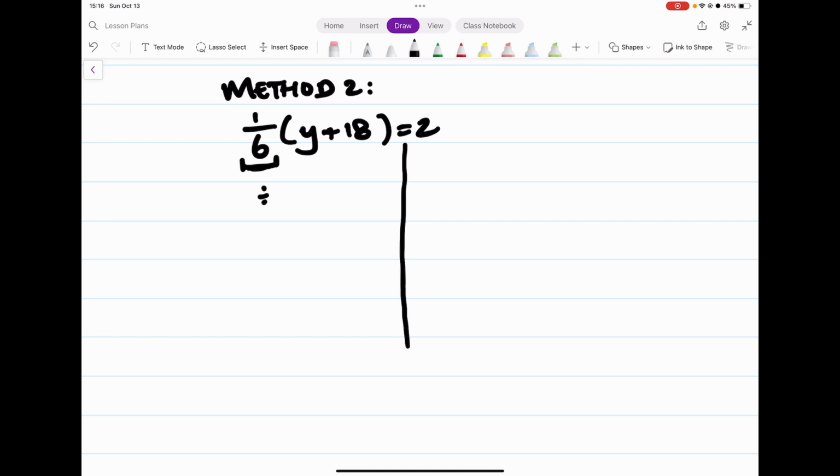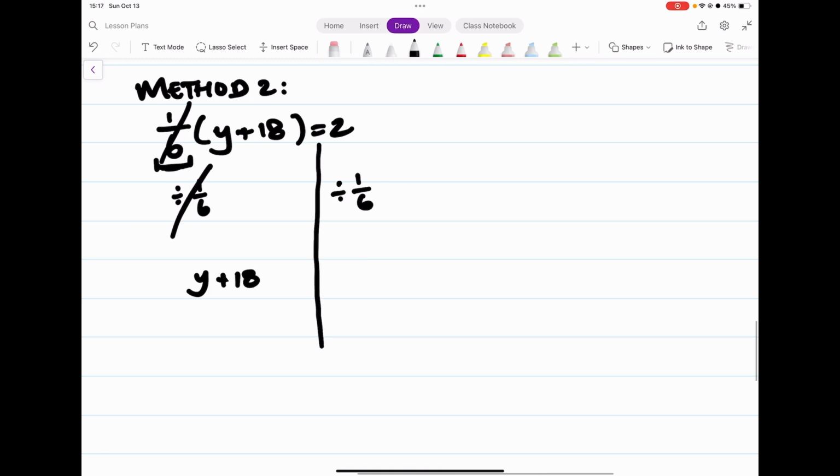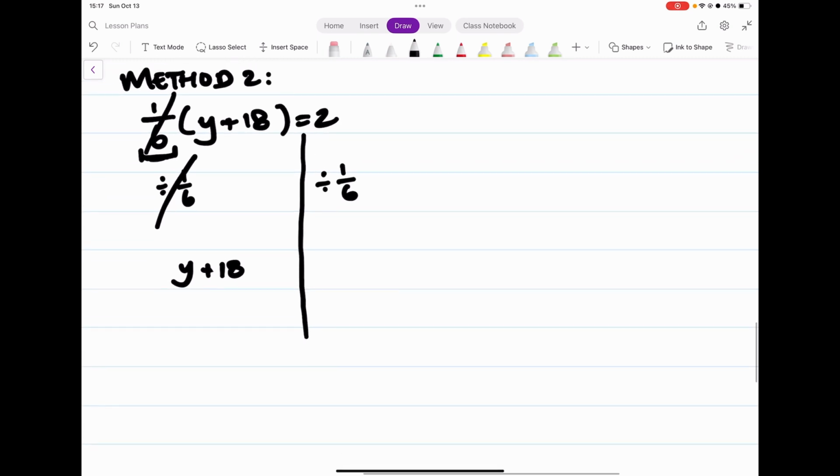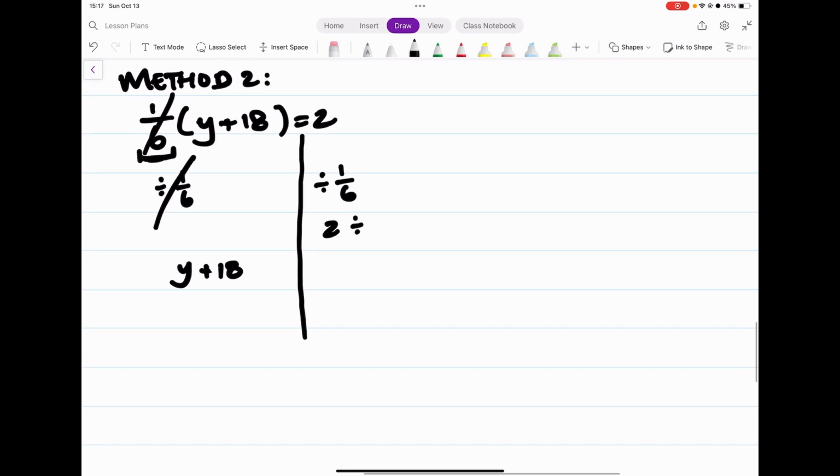So I'm going to divide by 1 over 6. I can cross that off. I'm left with y plus 18. And on this side, it is 2 divided by 1 over 6, which is equal to 2 times 6 over 1, times the reciprocal. So in other words, 2 over 1 times 6 over 1, or just 2 times 6, so that's 12. So I have 12 here.